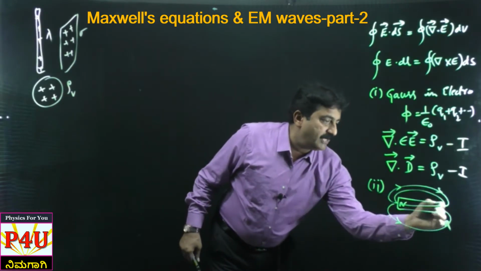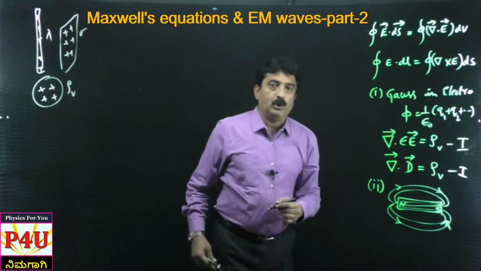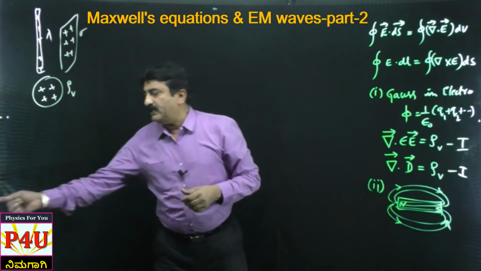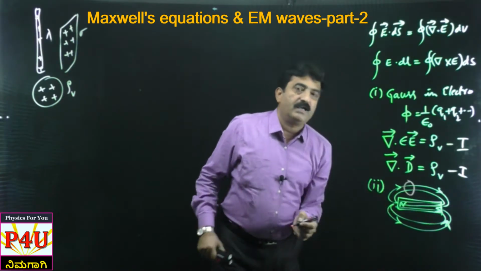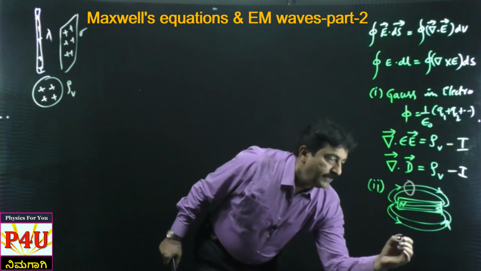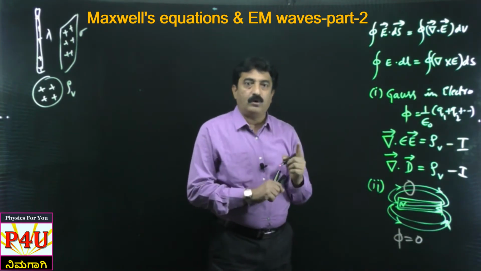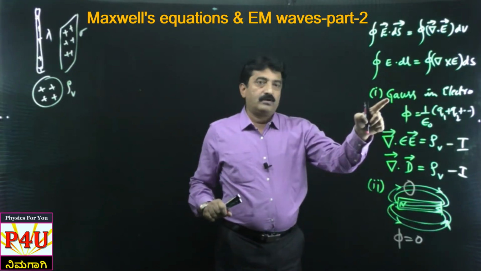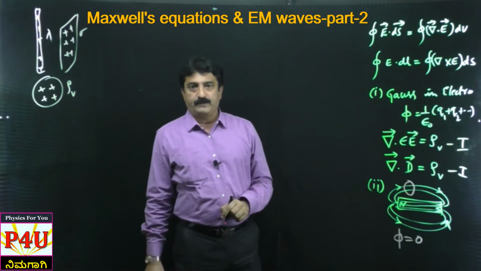You can have many number of lines like this. They all are forming closed loops. If you now imagine a closed boundary over any region, if you consider a Gaussian surface, according to Gauss theorem, flux is equal to 0. See, in electrostatics, flux is equal to 1 by epsilon naught times charge enclosed.